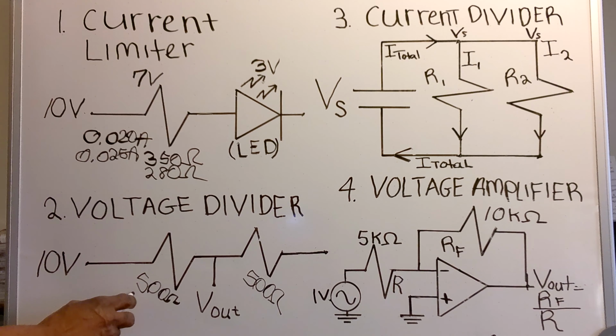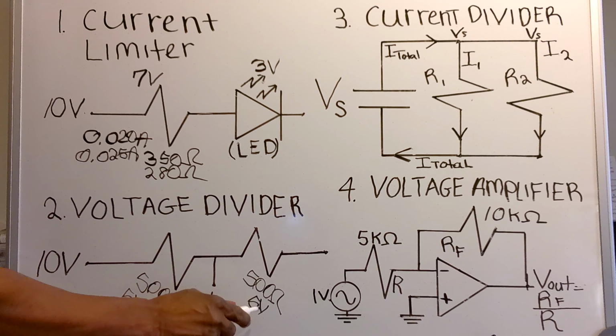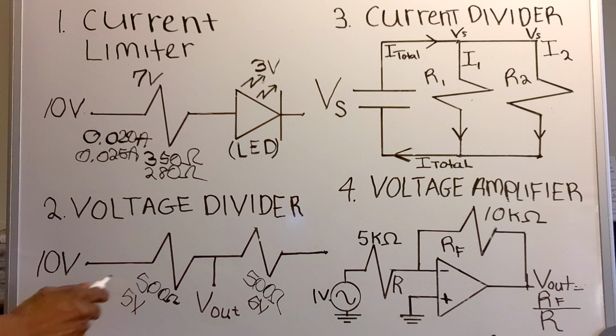Now I will have 5 volts here and 5 volts here. 5 volts and 5 volts equal 10 volts, and the reason why the voltages are the same is because the resistors are equal.